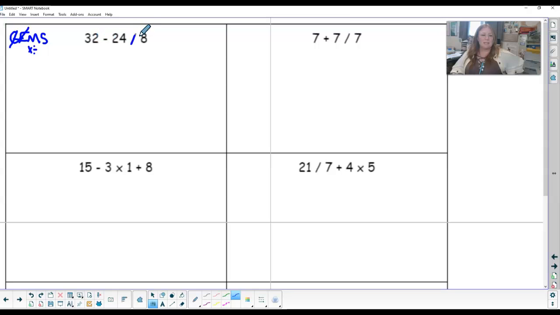No, yes, here's one. So I need to do, oh, I shouldn't cross that subtraction sign out. 24 divided by 8 is 3, and I bring everything else down. 32 minus 3, when I'm down to just one thing left. 32 minus 3, I'll let you go ahead and finish that.